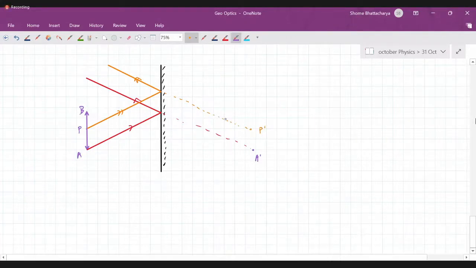So every point has a virtual image of it behind. Okay.